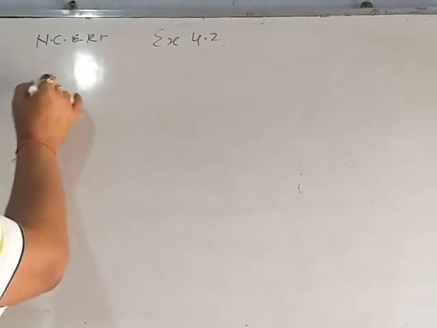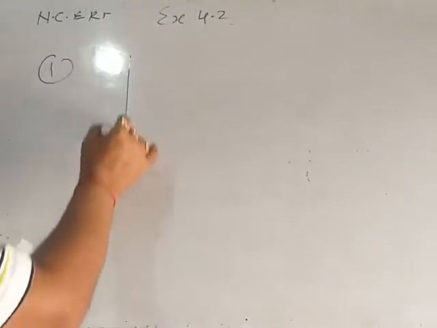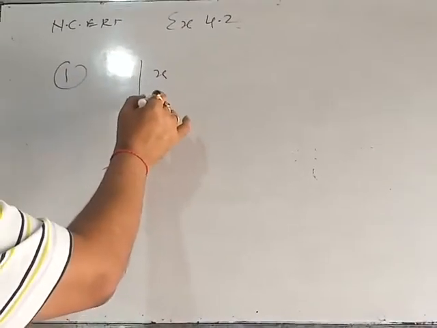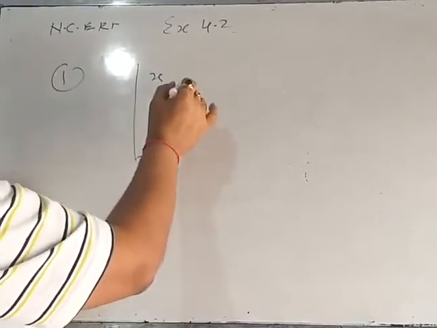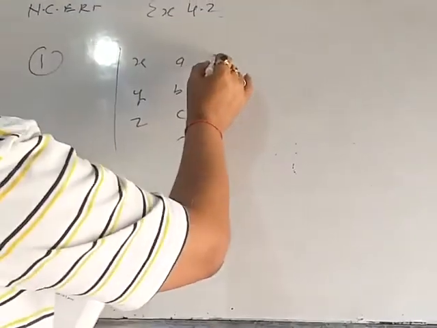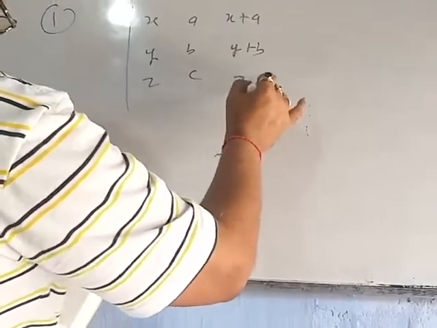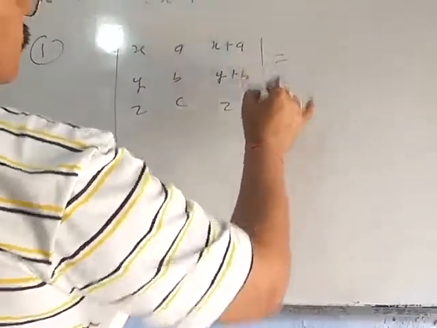The next question: using properties of determinants, prove that the determinant with rows x, y, z; a, b, c; x plus a, y plus b, z plus c is 0.